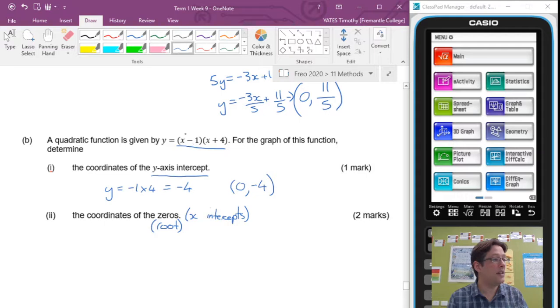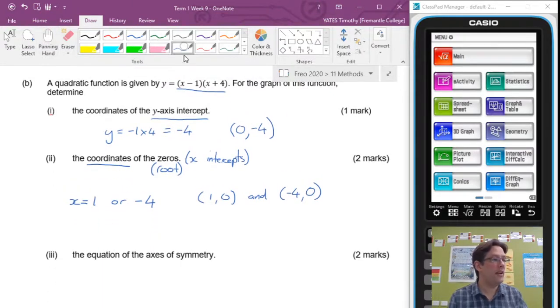And here it's going to be 0 when x equals 1 or x equals negative 4. So that's just the x points though, so it's asking for coordinates. We need to make sure we write 1, 0 and negative 4, 0.